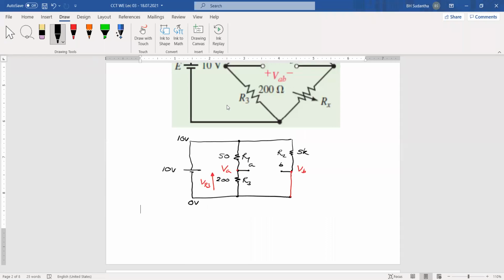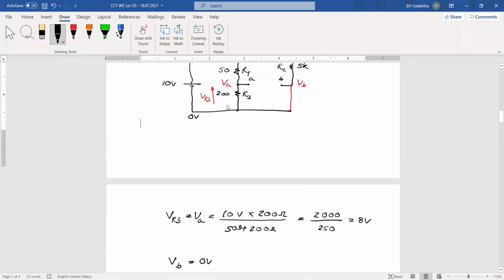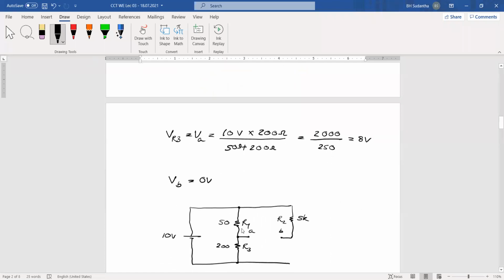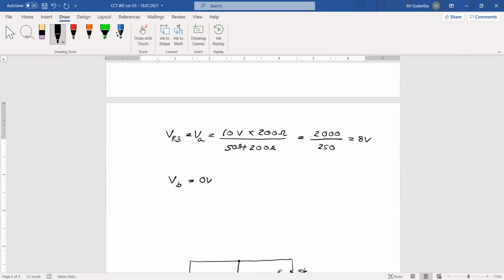Now Rx is short circuited, because of that VB is 0. Then we can find VAB, that is VA minus VB, which is 8 volts.